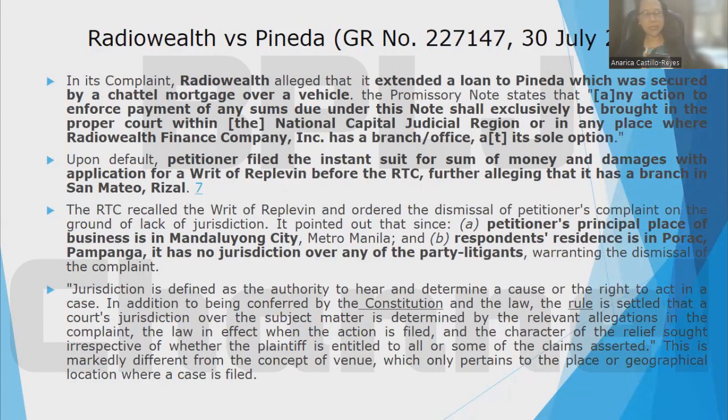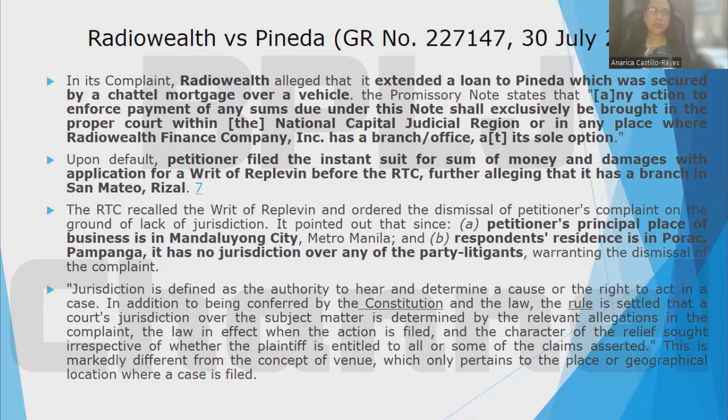Okay. We now go to the case of Ray Joel versus Pineda. Ray Joel alleged in its complaint that it extended a loan to Pineda, which was secured by a chattel mortgage over a vehicle. Okay, in the promissory note, there was a stipulation stating that any action to enforce payment of any sums due shall exclusively be brought in the proper court within the National Capital Region or in any place where Radio Wealth has a branch office at its sole option.